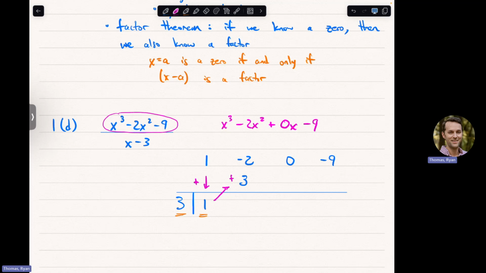Repeat the process. So -2 plus 3 is 1. 3 times 1 is 3. 0 plus 3 is 3. 3 times 3 is 9. And that leaves remainder 0.